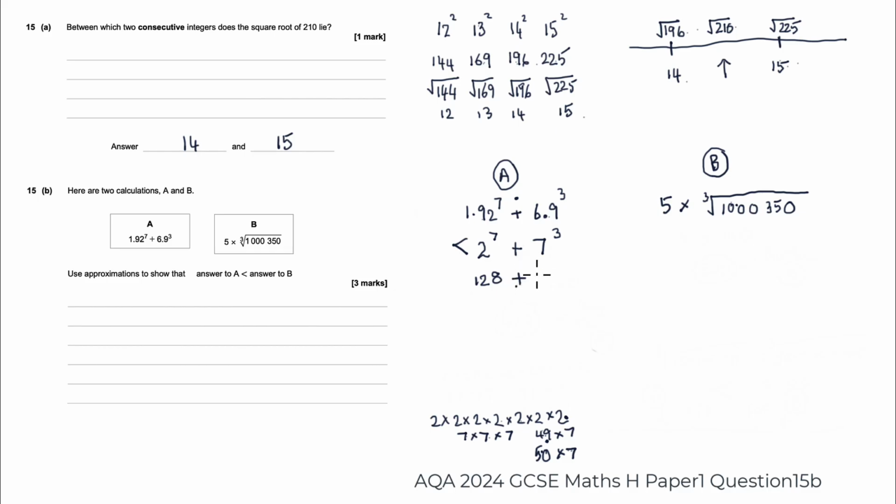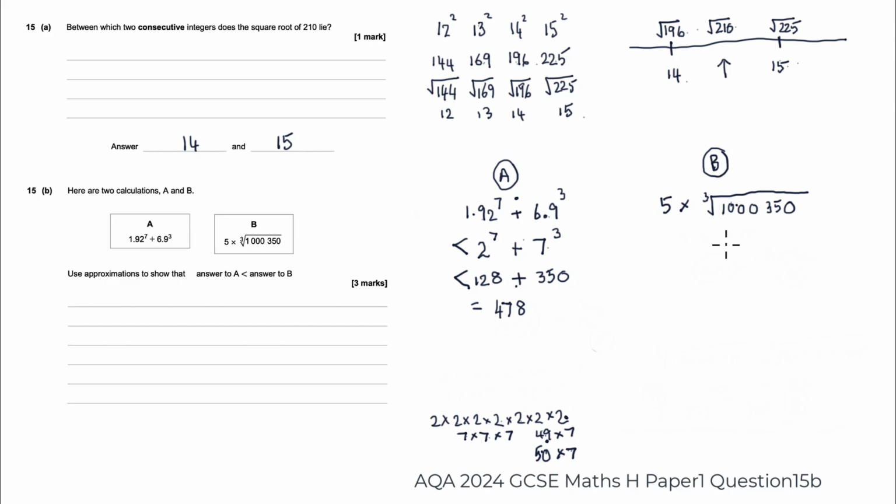And again, that's a larger estimate than this line. So this is smaller than this one. And that finally comes to, well, when I add these together, I get 478. So there's an estimate for calculation A, and it's bigger than calculation A.